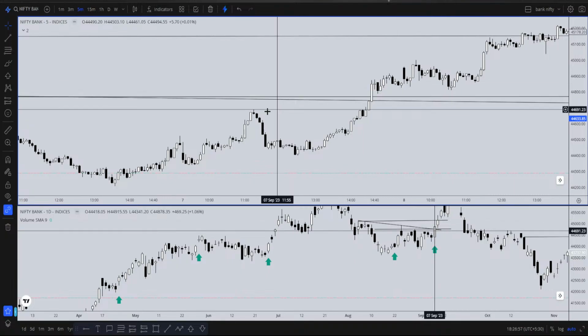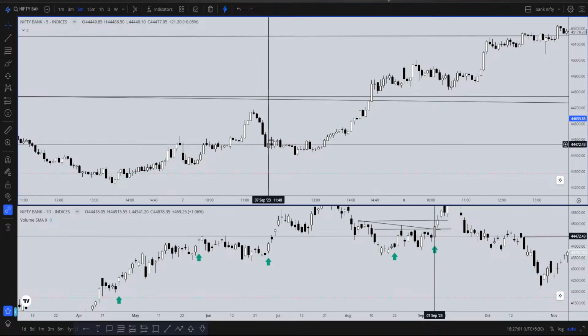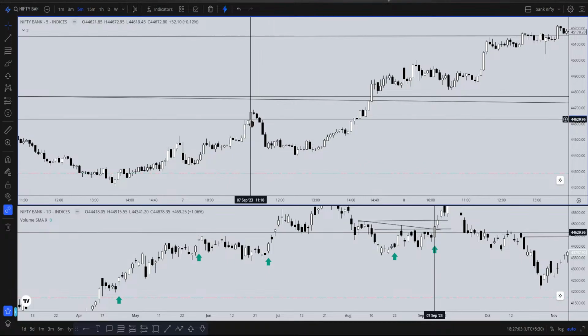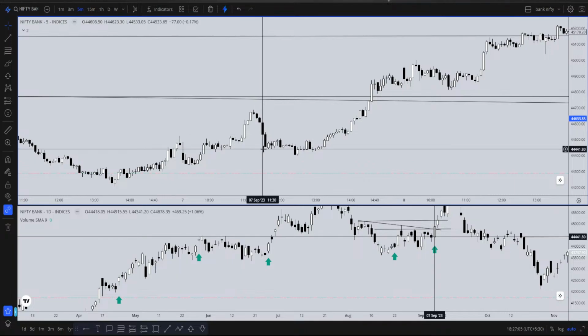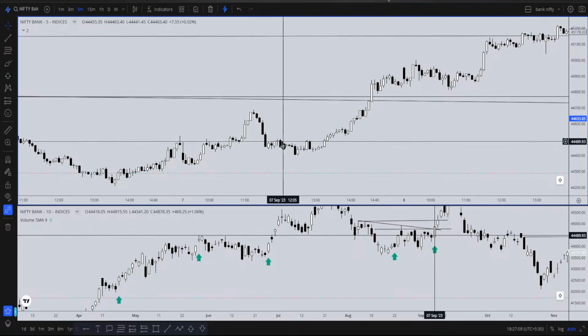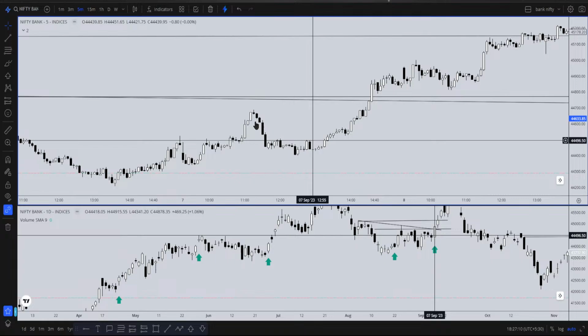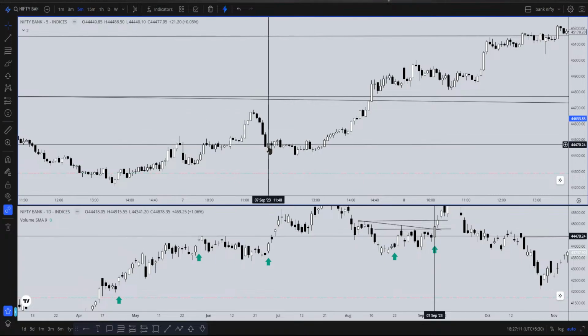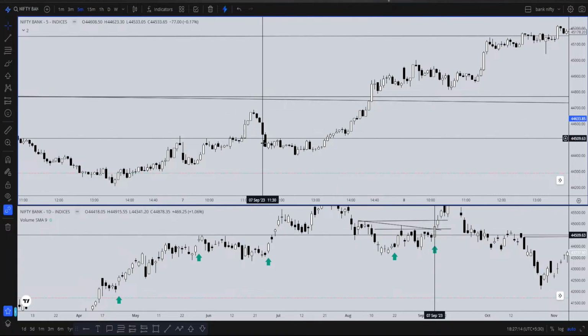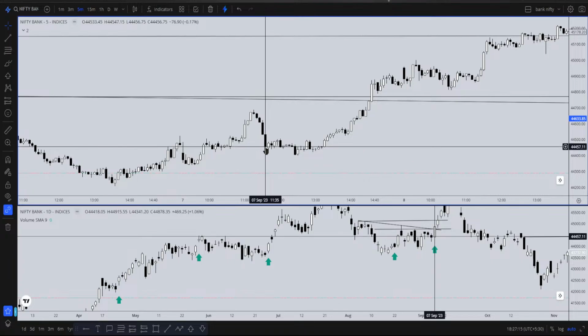It is not at all smooth. The retracements are pretty dangerous, pretty deep. Nobody can plan for this kind of retracement if they're trading on 5 minute time frame 100%.